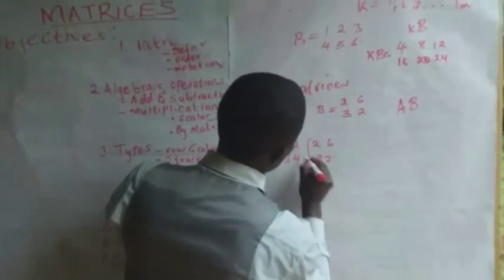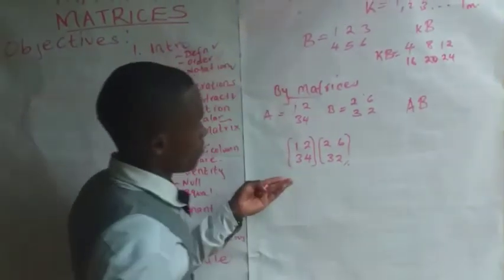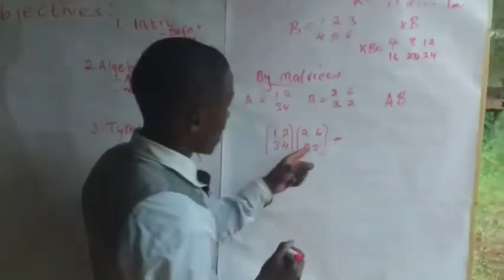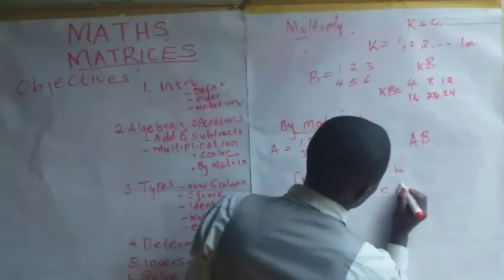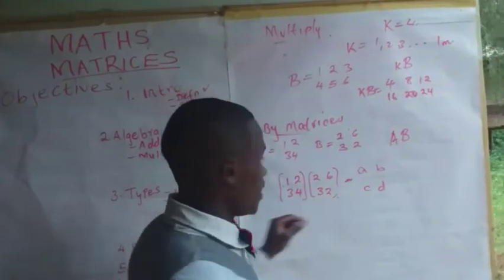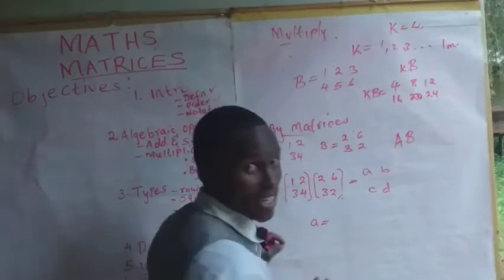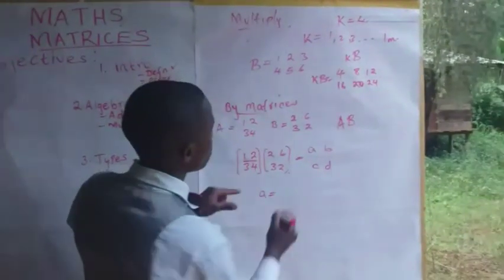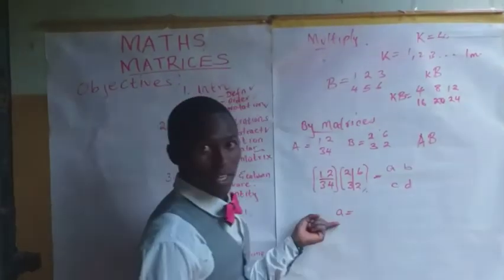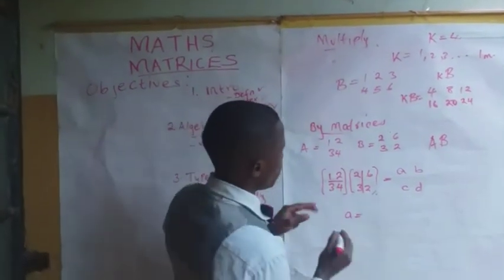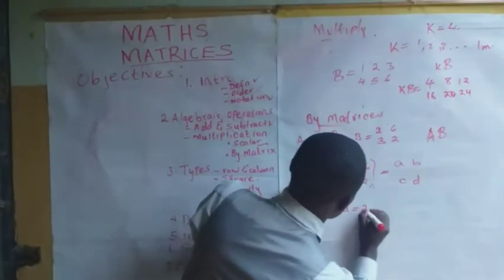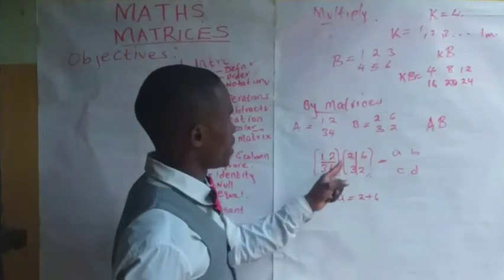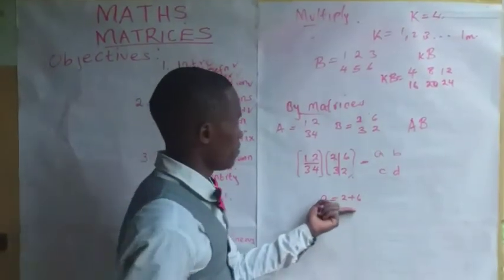To get the first element, I need another matrix with elements A, B, C, D. To get A, I take the first row multiplied by the first column. 1 times 2 is 2, and 2 times 3 is 6, and I add those. So 1 times 2 plus 2 times 3 gives me element A.